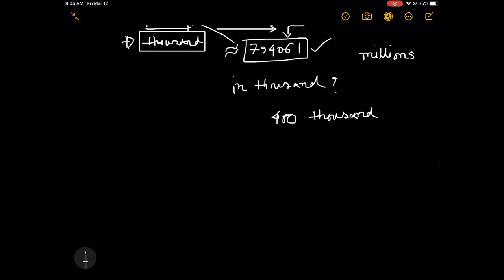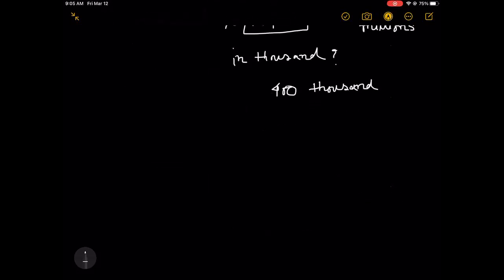Or it could say, when the population will be 0.4 million. It's technically the same thing, but you need to be careful when you transform these units from one to the other, plugging in the values and all that.